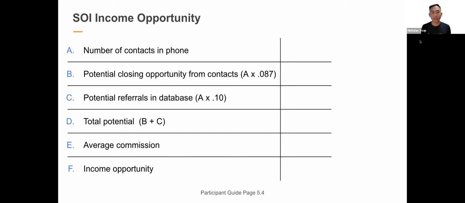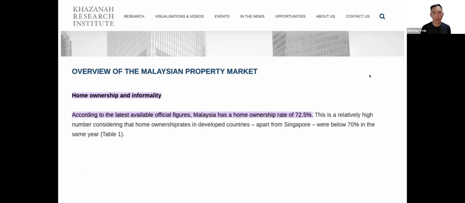The second factor is the percentage of home ownership in Malaysia. If I can show you the next slide, this is the overview of Malaysia's property market. The home ownership, according to Khazanah Research Institute, is 72.5%.